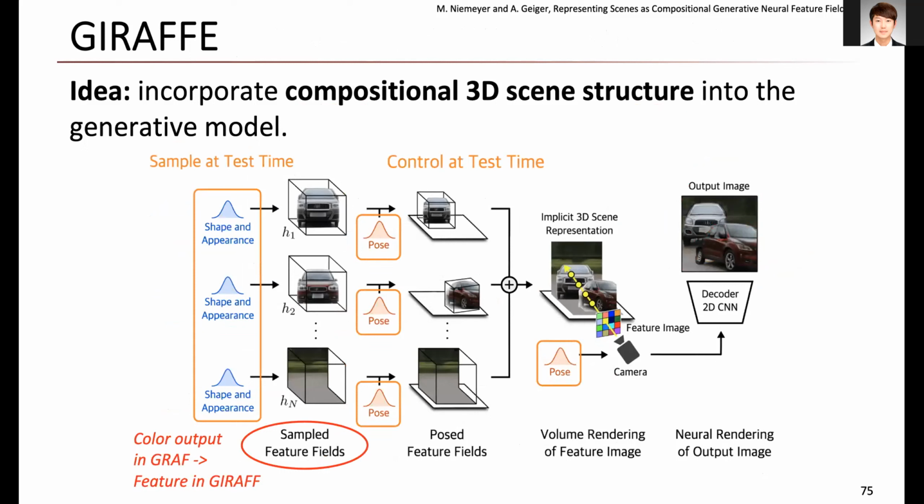Compared to GRAF, which used the color output, GIRAFFE samples the feature output, the feature field. I mean, they view the feature field in the neural radiance field and decode this feature field with a 2D CNN decoder to the output image.